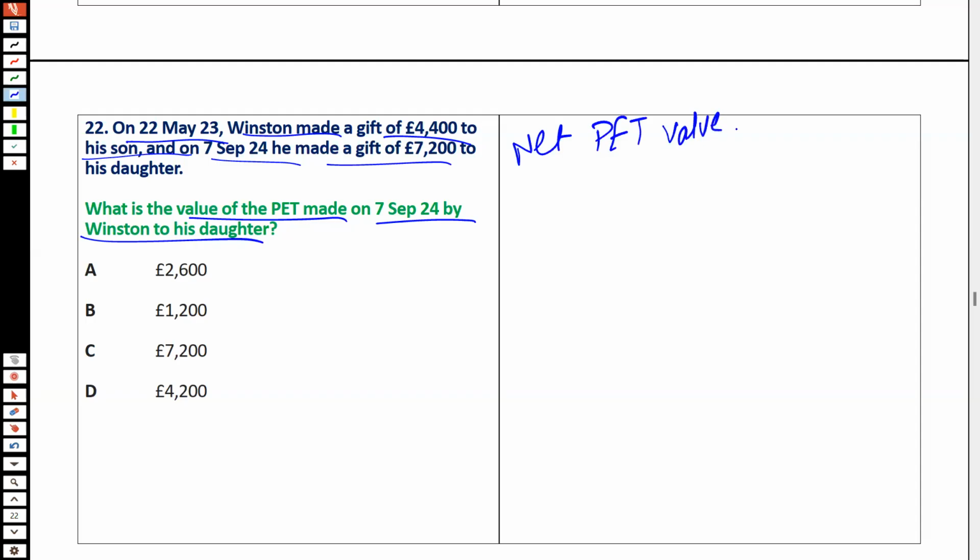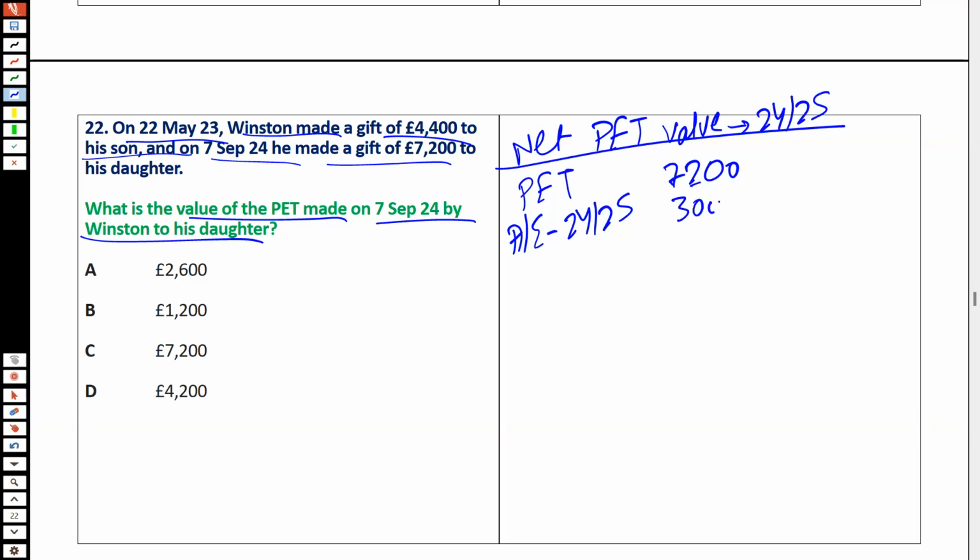If I were to calculate the net PET value, the net PET value would be the PET less the annual exemption of 24-25. What about the annual exemption of last year?